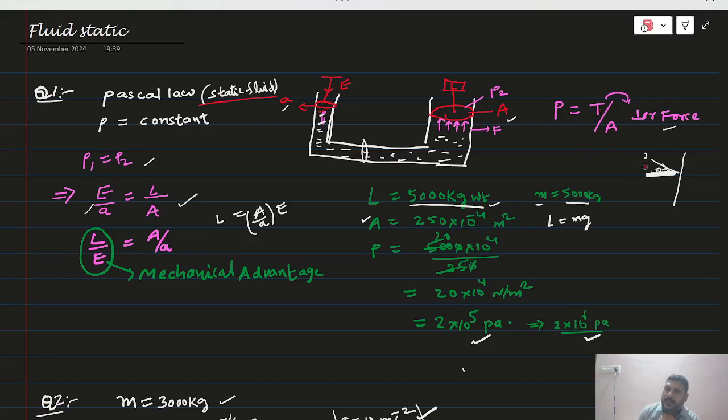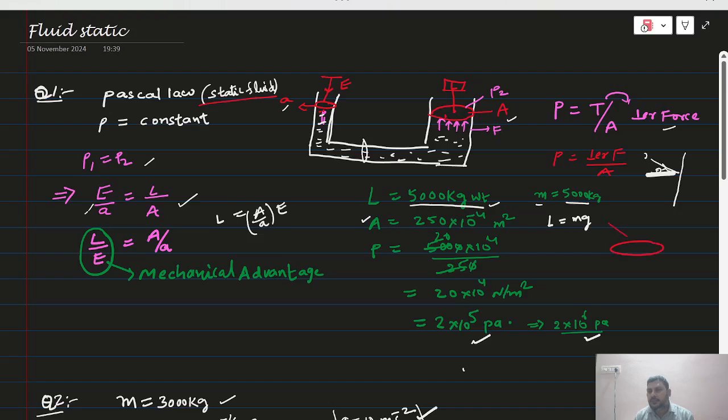If the force is not acting perpendicular to the cross section, then P is equal to the perpendicular component of force divided by the area. For example, this is one cross section and the force is acting like this, making some angle theta.